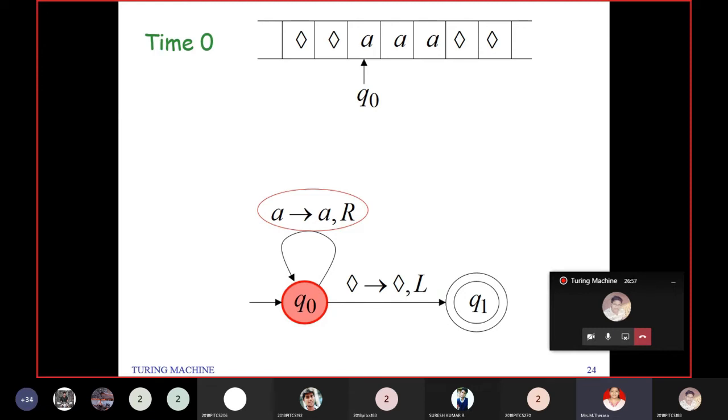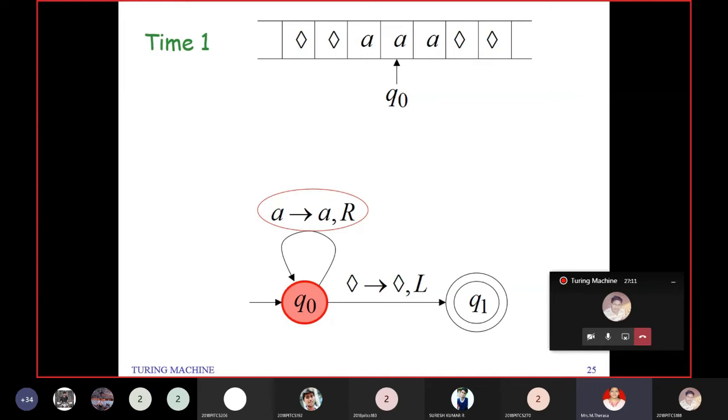So, after reading A from the state Q naught, the machine moves to the right side, so it can point to the next A and it stays in the same state.